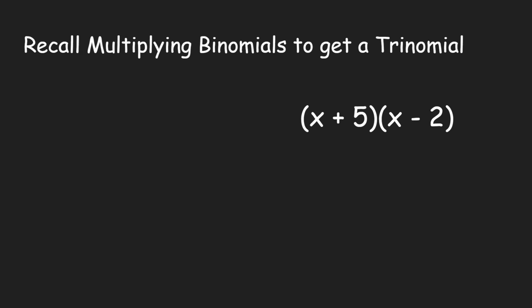I want us to remember how to multiply polynomials because factoring is the undoing of multiplication. When we multiply, we use the method called FOIL: first, outer, inner, last. If we multiply our first terms, x and x, we'll get x squared.